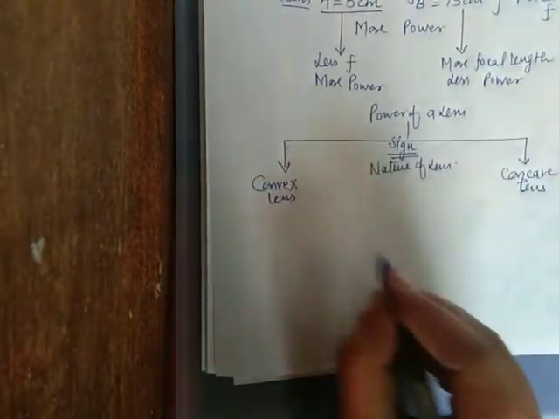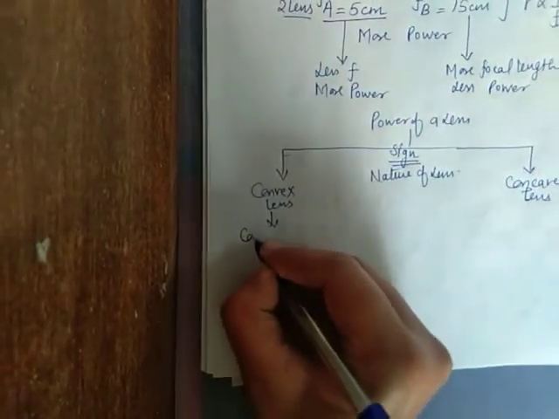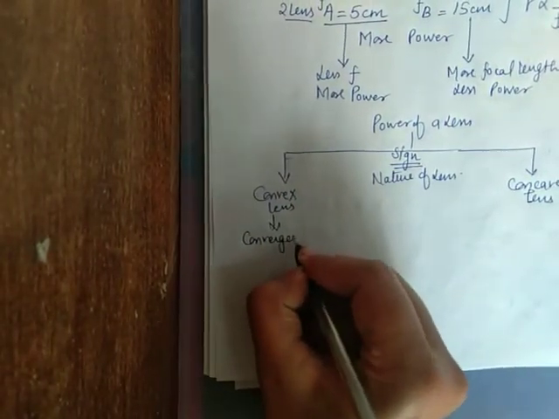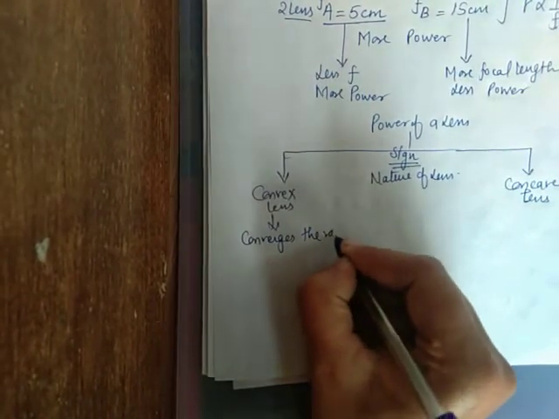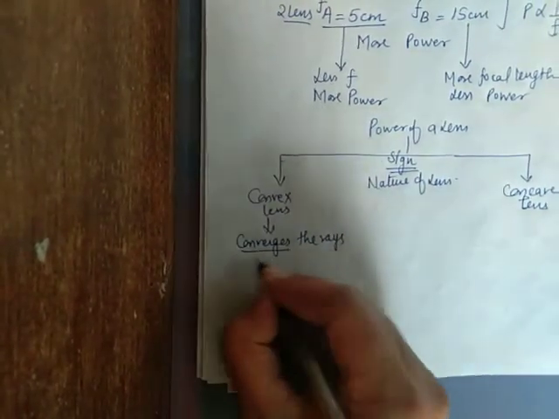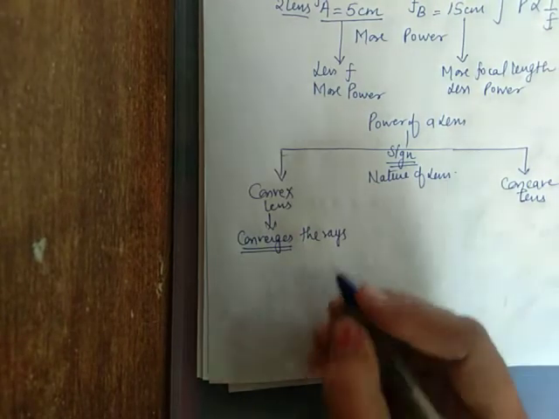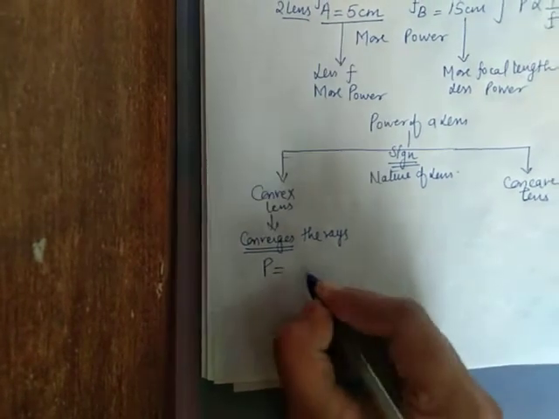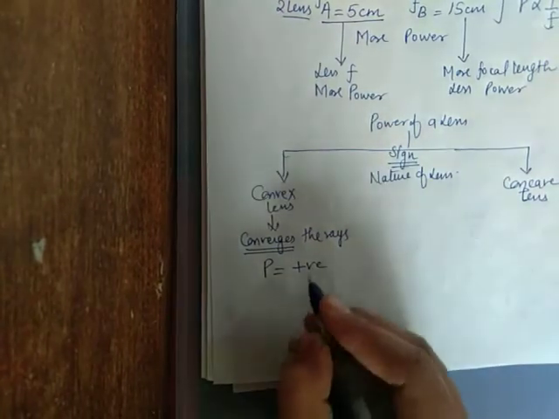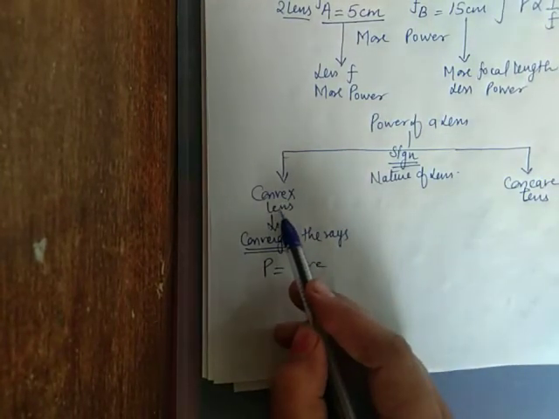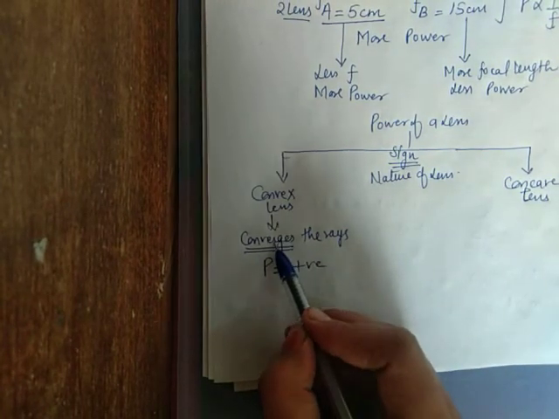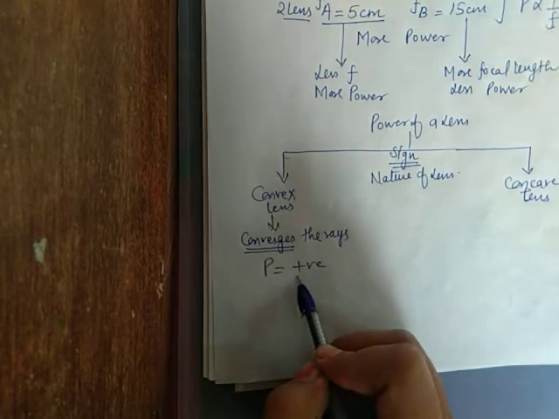A convex lens converges the rays, it collects the rays falling on its surface. As it converges the rays falling on its surface, its power will be positive. So convex lens, converging nature, positive power.